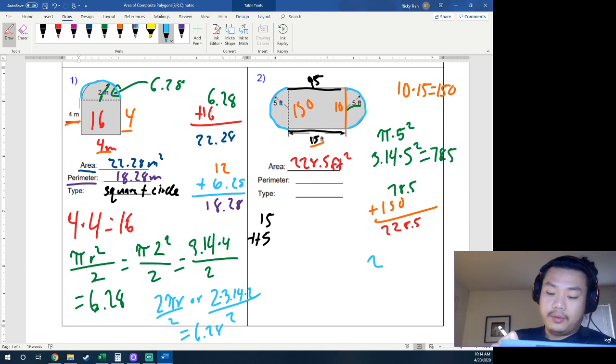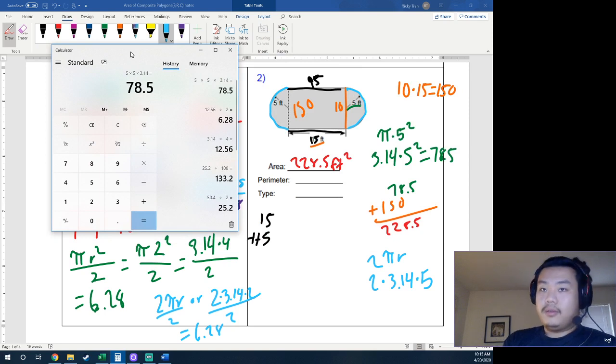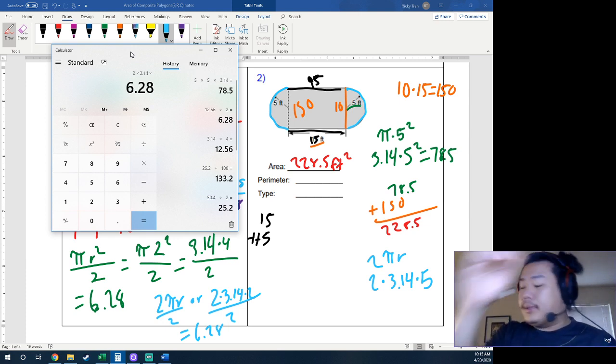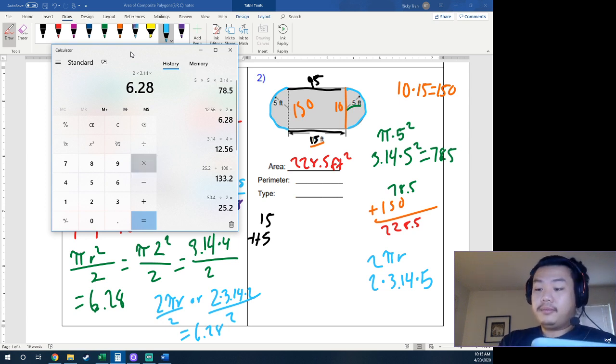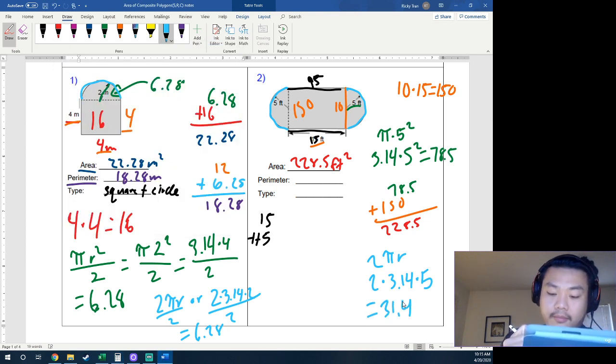Circumference is 2 pi r, so 2 times 3.14 times 5, which is 31.4.